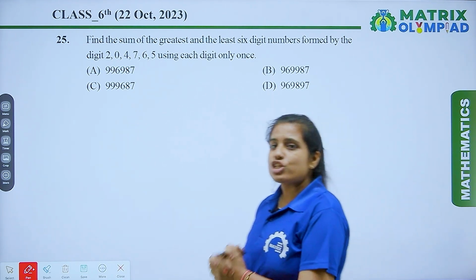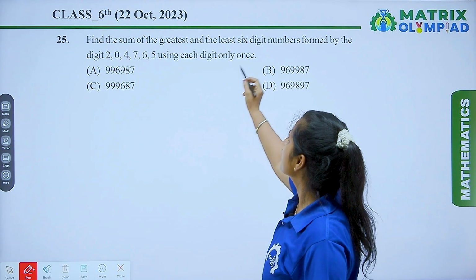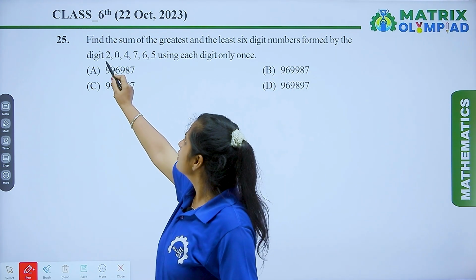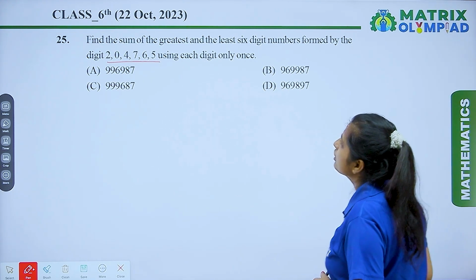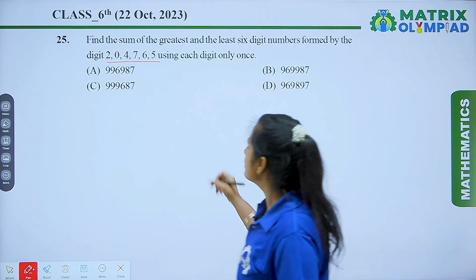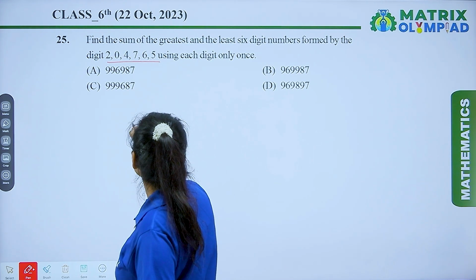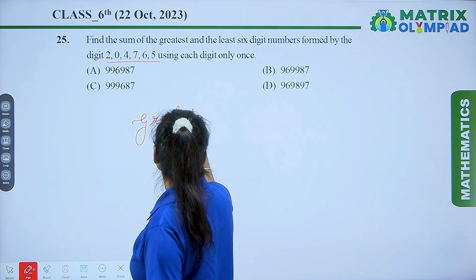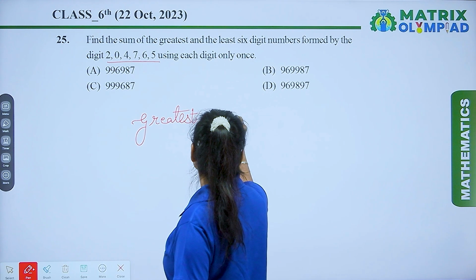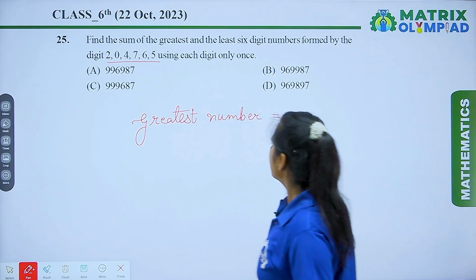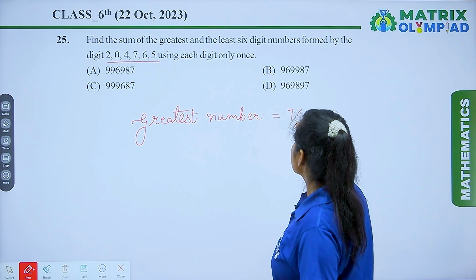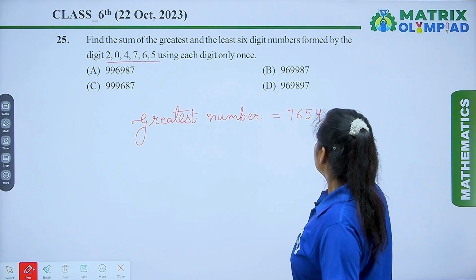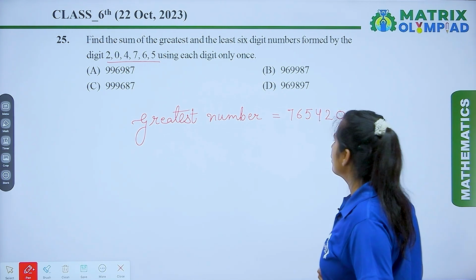Now the next question is question number 25. Find the sum of the greatest and the least 6-digit numbers formed by these digits, using each digit only once. So we are given the digits. Let's find out the greatest and the least number. So here greatest number is 765,420.